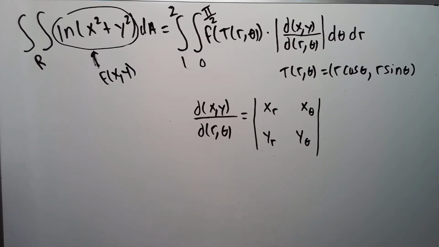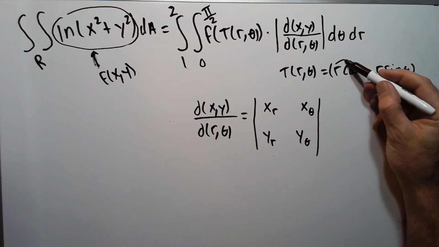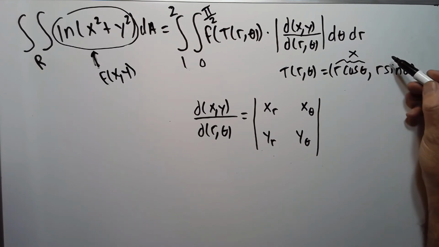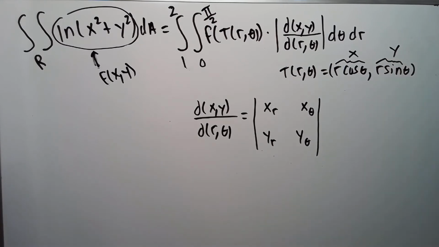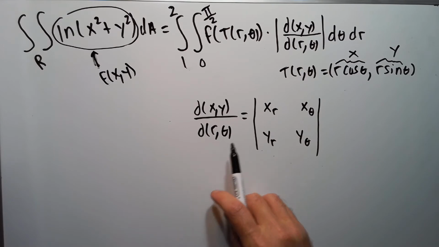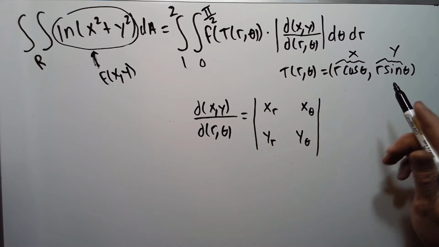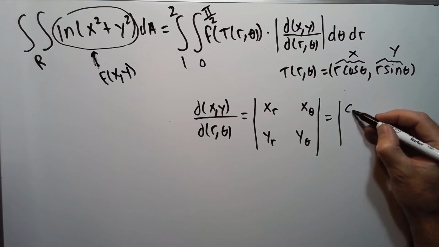So let me erase some stuff here. Okay, I put my T up here. So my T mapping, actually, this is x, and this is y. And now I have my Jacobian definition here. So it's going to be partial x with respect to r, so in this case, it's going to be cosine theta.